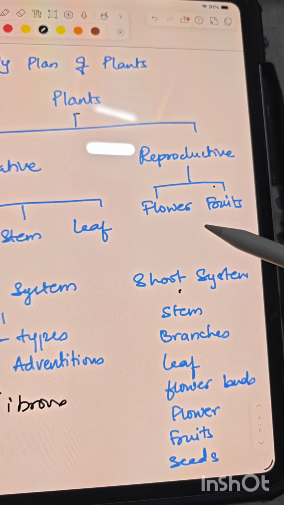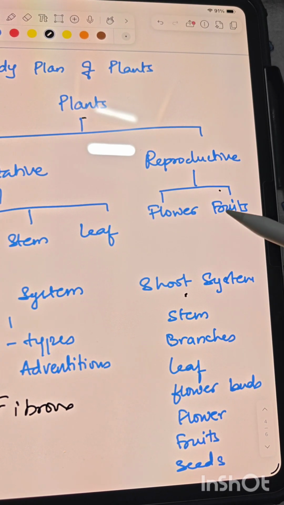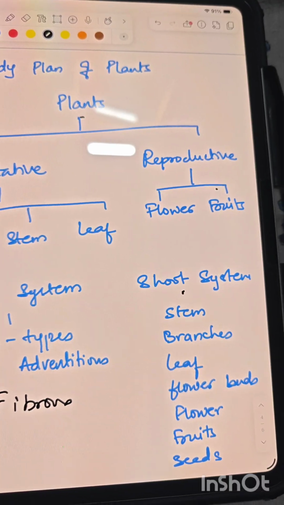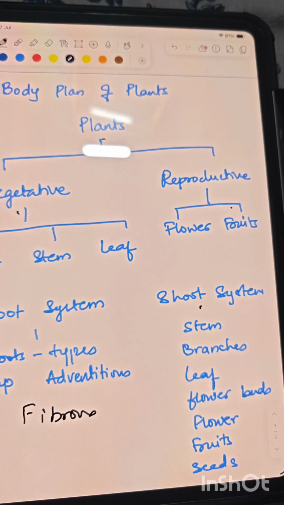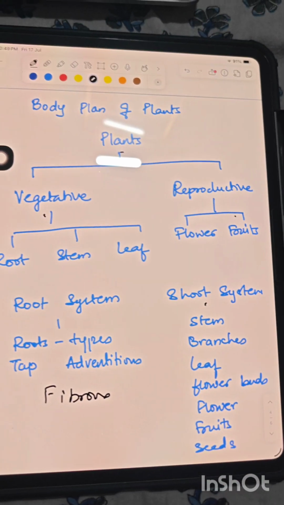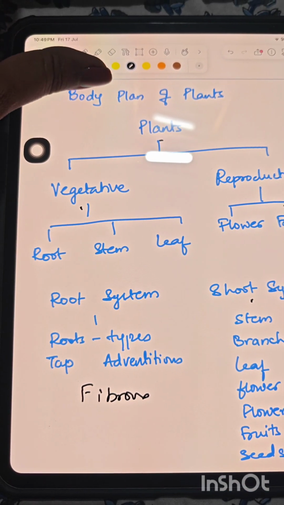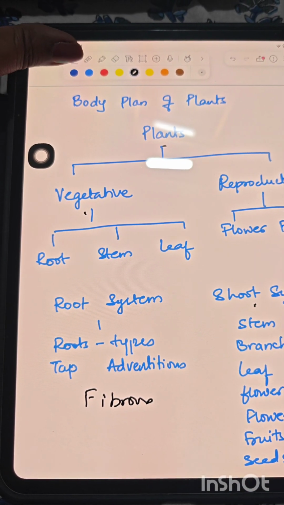And in reproductive structures we have two main things, the flower and the fruit. So this is the basic body plan we generally find in any angiospermic plant.